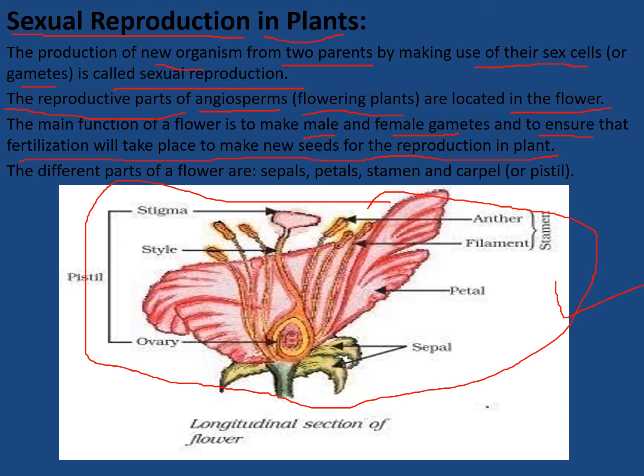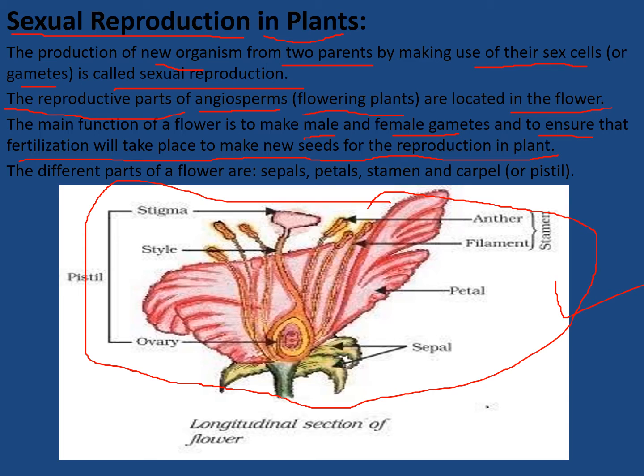The first function is the production of the male and the female gametes. The second function is fertilization. The third is to make the seeds. The seed is the unit of the reproductive part of any plant, right?